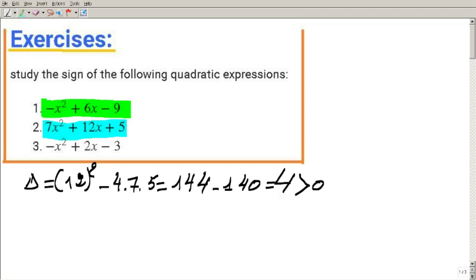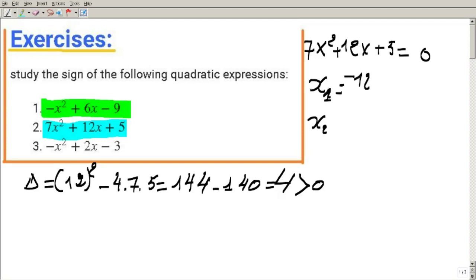So the equation 7x squared plus 12x plus 5 is equal to 0 has two different solutions, which are x1 and x2. The expression of x1 is minus 12 minus the square root of 4, which is delta, over 2 times 7.